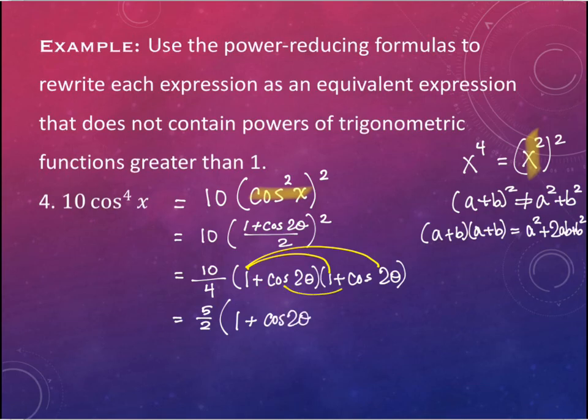My inside terms, I've got another plus cosine of 2 theta. And then my last terms. So what happens when I multiply cosine of 2 theta times cosine of 2 theta? It's squared. So this is now cosine squared of 2 theta.